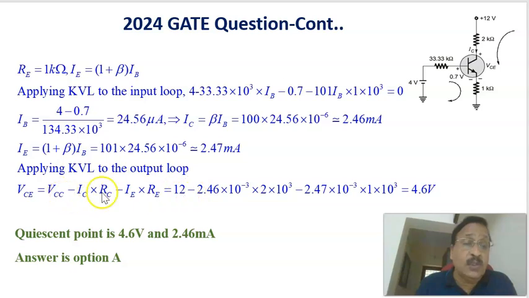Substituting, 12 volts, the VCC, minus 2.46 into 10 raised to minus 3, that is the IC, into 2 into 10 raised to 3, that is the 2 kilo ohms, minus the drop across this one.